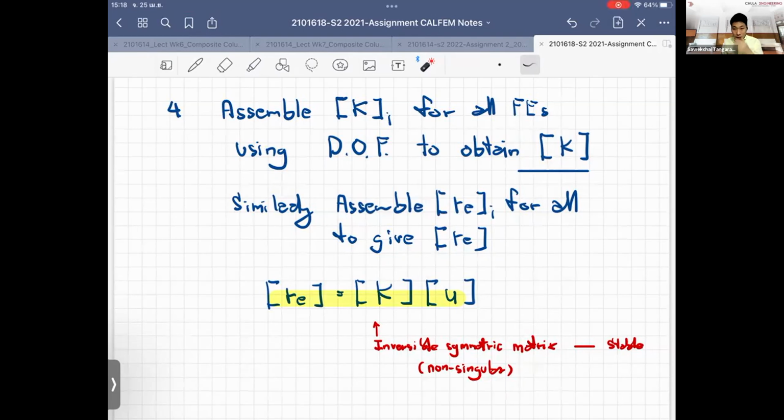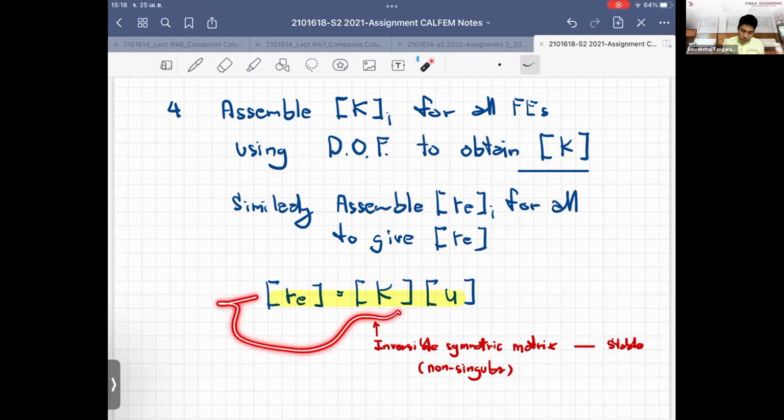We talk about whether it's stable or unstable by looking at that property. But in the beginning, we just say that if it can be inverted for the elastic analysis, it is a non-singular matrix. Basically, the matrix is stable. The structure you look at is stable, so you have enough boundary conditions or support conditions.